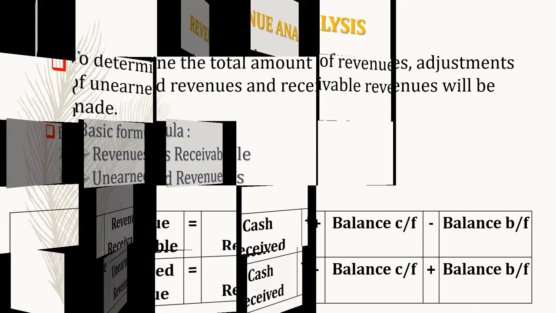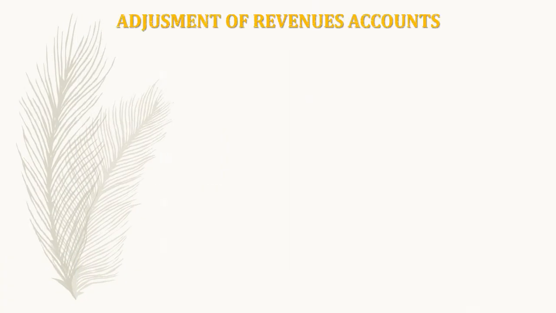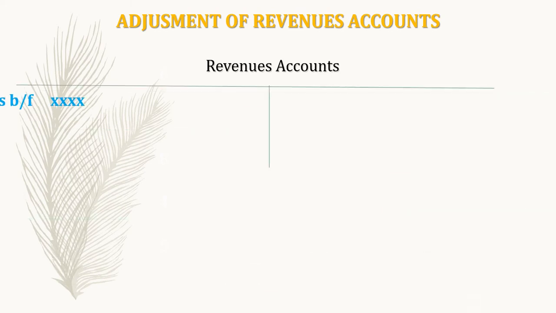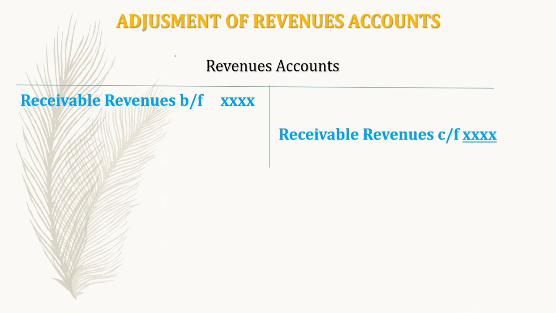And if you are using the T account, we'll be doing the same thing, just like what we did in the expenses account. If the balance given is receivable revenues, the beginning balance will be on the debit side, because it is your asset, and the ending balance will be on the credit side.